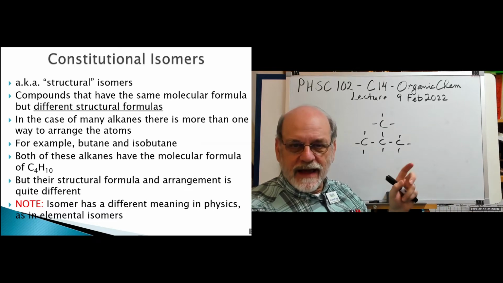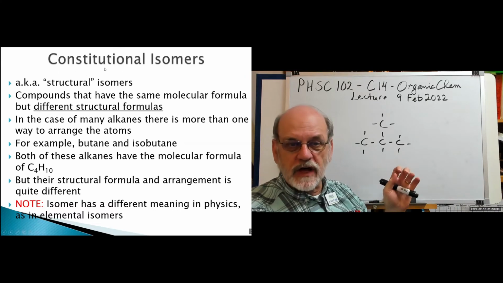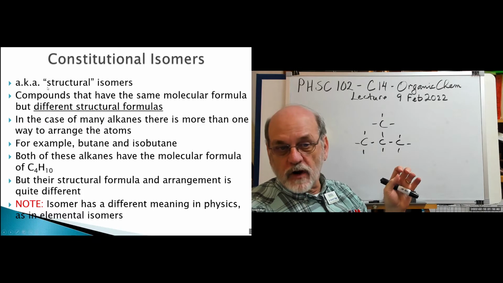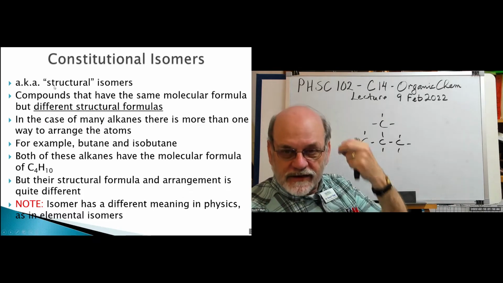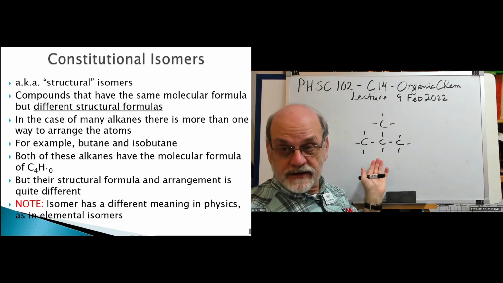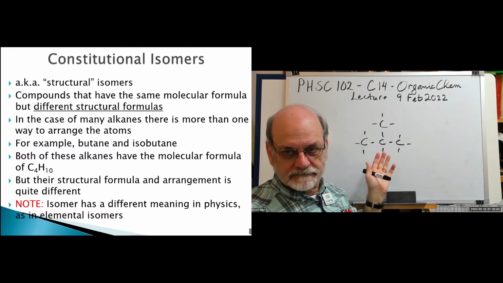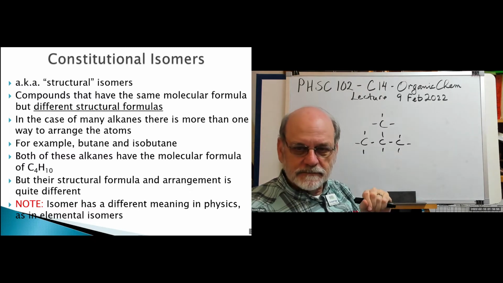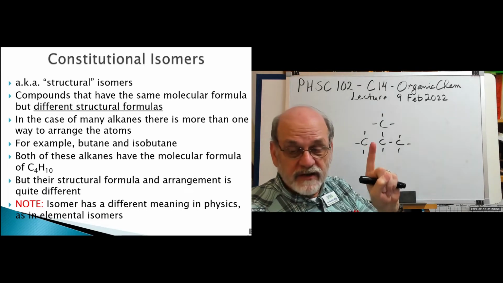But in organic chemistry, isomers take on a different meaning. And what we're calling constitutional isomers are often called structural isomers. In other words, they have the exact same molecular formula, in this case C4H10, but they have a different structural formula. Some of them only have one possibility.